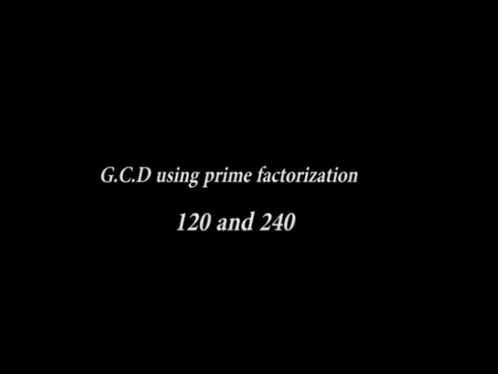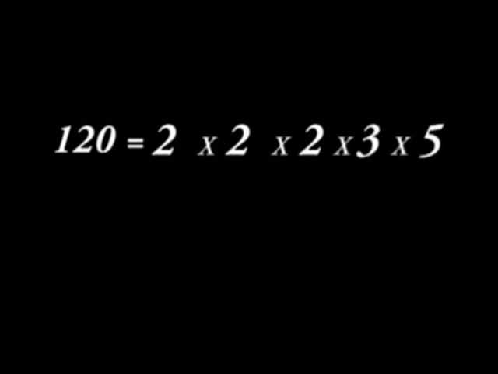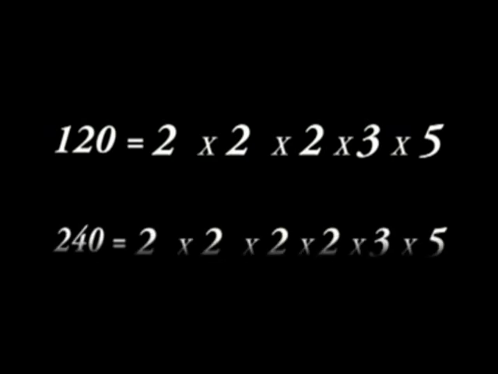In another example, we can find the GCD of 120 and 240, expressed as the product of their prime factors. 120 is 2 raised to power 3 times 3 times 5. 240 is 2 raised to power 4 times 3 times 5.